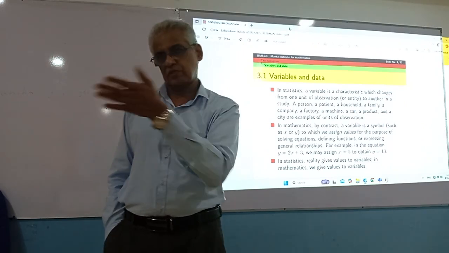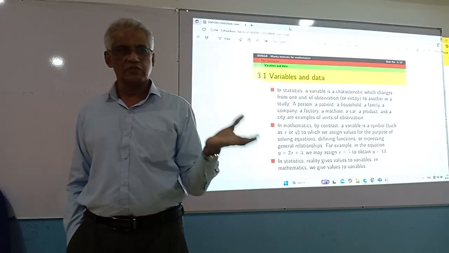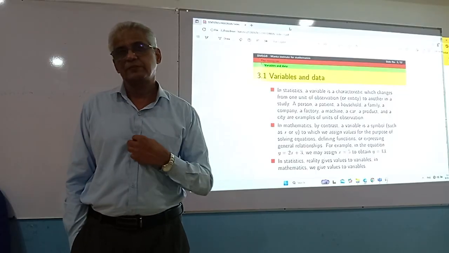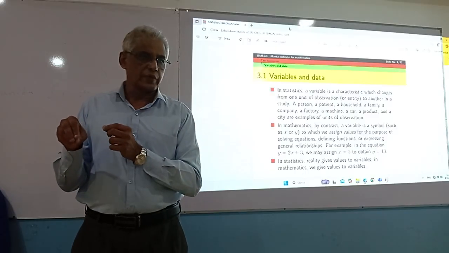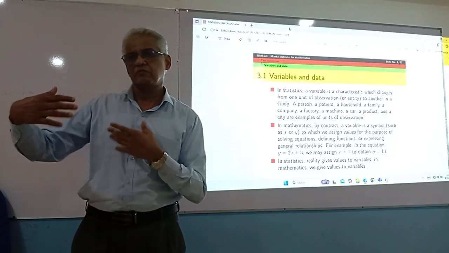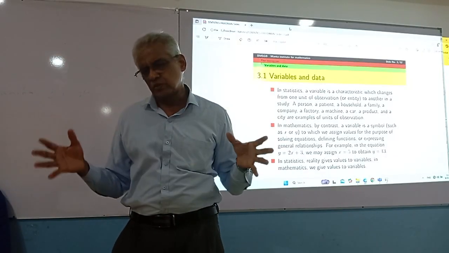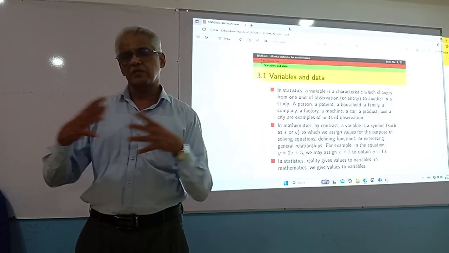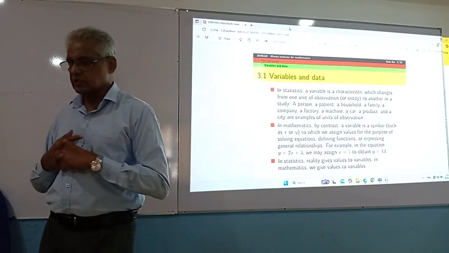For example, if you say y is equal to 2x plus 3, you call y a variable, x is a variable, right? So that's a mathematical variable. Usually you assign some value for x and then find out the value of y. For a given value of x, we can find out y. And usually these relationships are deterministic, right? Mathematical relationships between x and y are mostly deterministic.